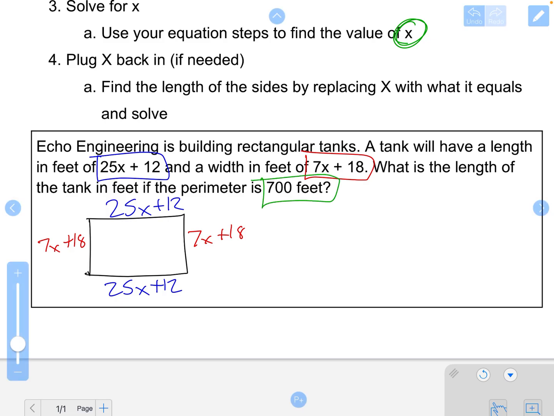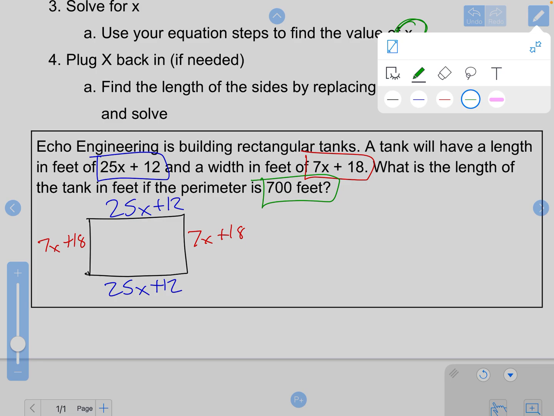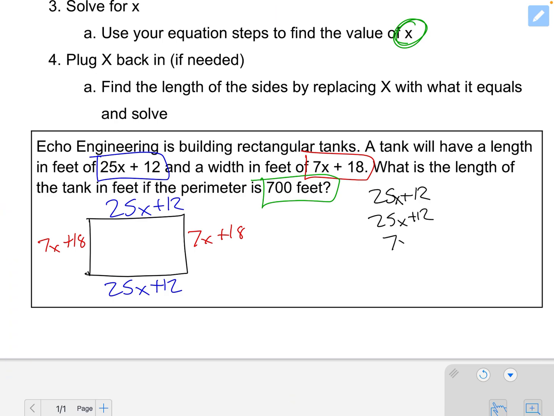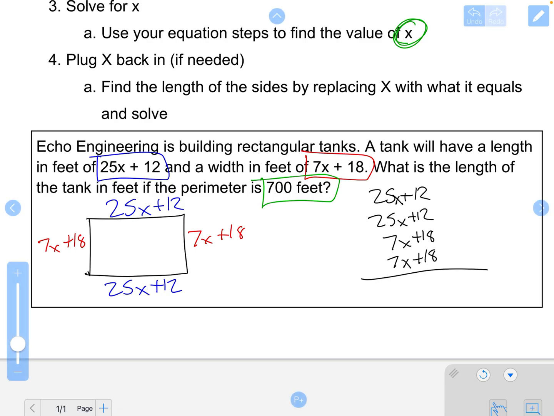So what they have done is they have given me the answer, and I'm going to need to turn this into an equation. So we've got a couple of different ways to do this. I'm going to start with probably the easiest one. And that's simply to take 25x plus 12, 25x plus 12, 7x plus 18, 7x plus 18, and just add everything together.